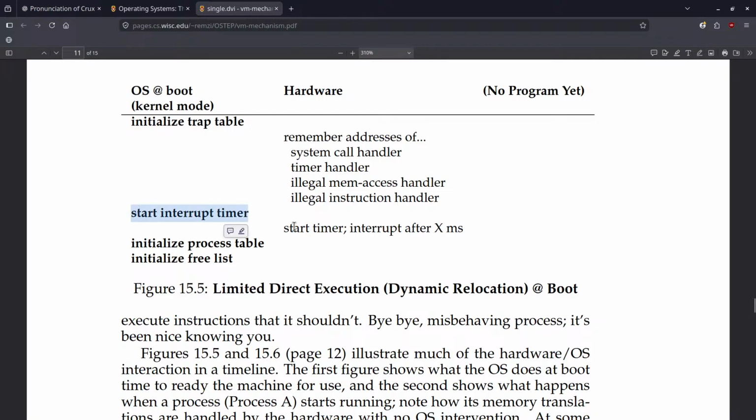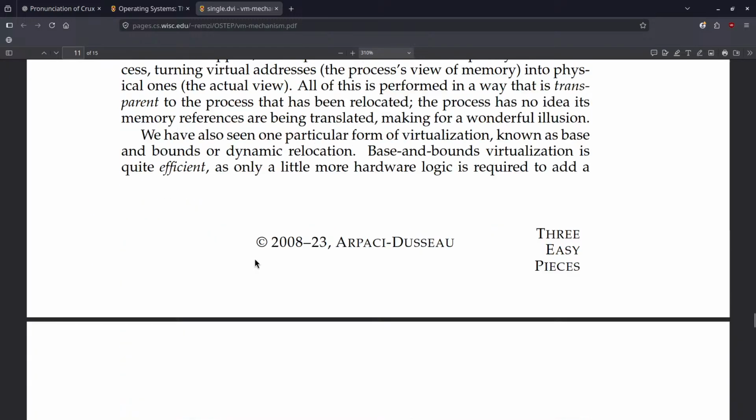Start interrupt timer. Timer starts interrupt after X milliseconds. Free list.